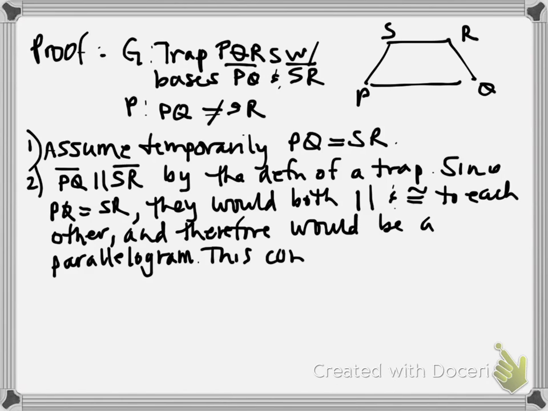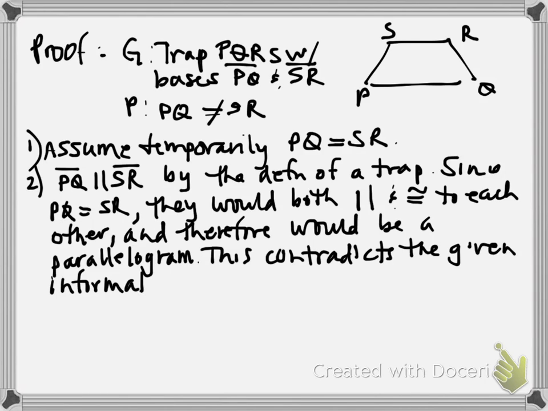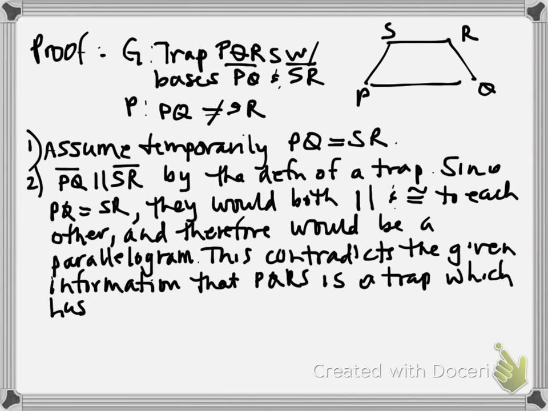This contradicts, oops, the given information that PQRS is a trapezoid, which has only one pair of parallel sides.